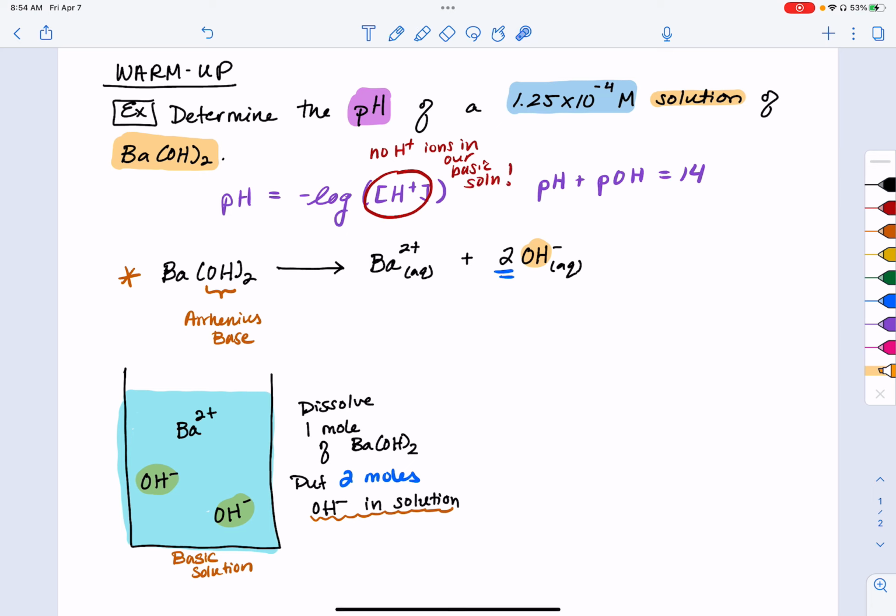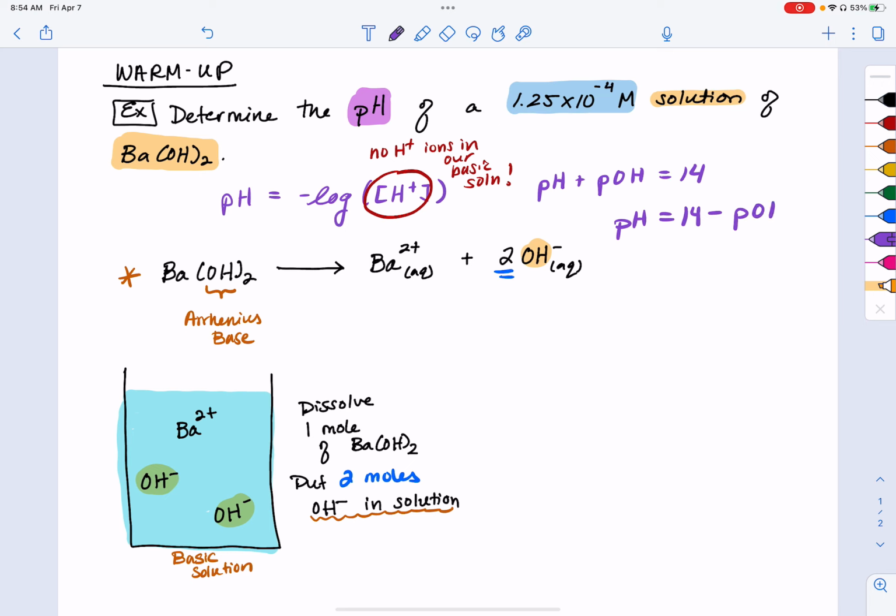So it turns out that this relationship between pH and pOH was useful, because if I rearrange this expression to get pOH and pH related, I see that pH is equal to 14 minus pOH, where pOH is helpful because pOH is the expression that does depend on the concentration of hydroxide.